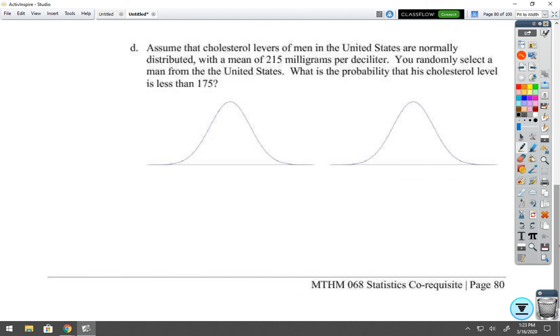It says, assume that the cholesterol levels for men in the United States are normally distributed with a mean of 215 milligrams per deciliter. So the center of my first value is 215.